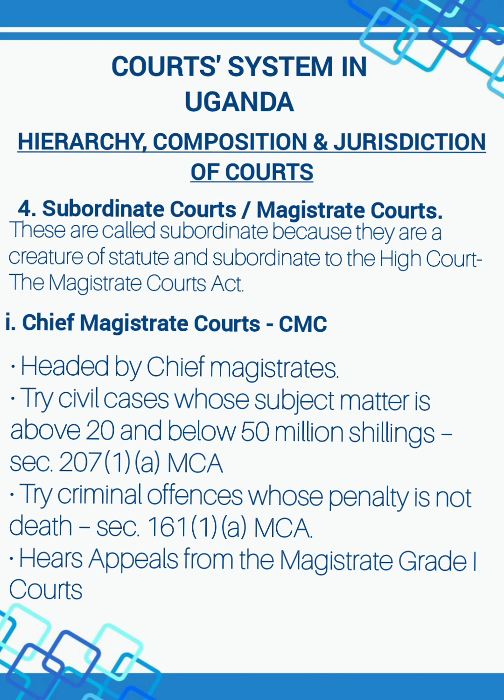Are we together? So chief magistrate courts entertain civil cases whose subject matter is above 20 million shillings but below 50 million shillings, because we've said that above 51 million shillings we shall go to the High Court, if it's a civil case. For that, you look at section 207, subsection 1, paragraph A of the Magistrate Courts Act.